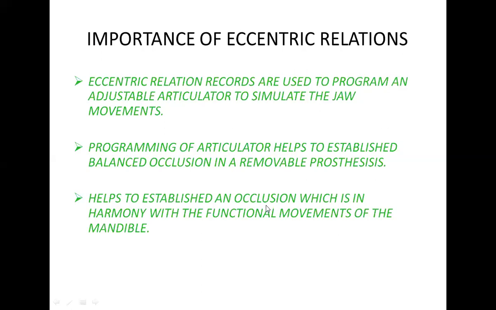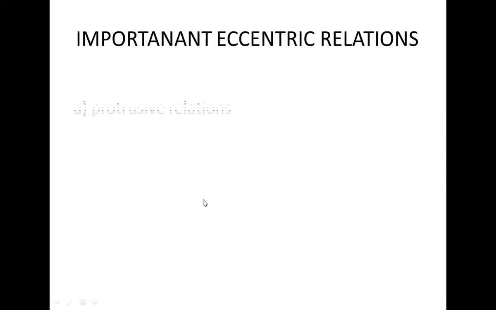That would help you avoid any interference in your occlusion, any occlusal error in your prosthesis, and that would improve the stability of your prosthesis. Otherwise, your prosthesis will be functional and aesthetically pleasing only if you are following these protocols. So it has to establish an occlusion which is in harmony with the functional movements of your jaws. This is the basic objective.